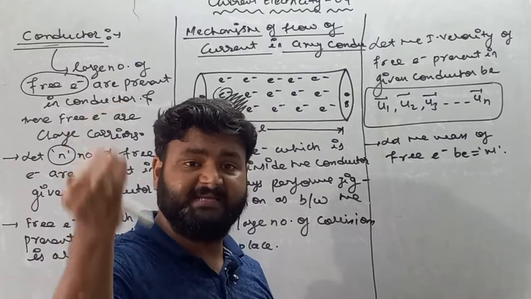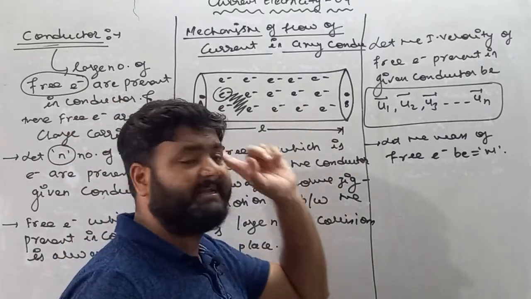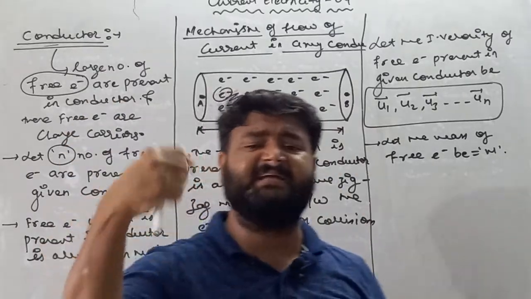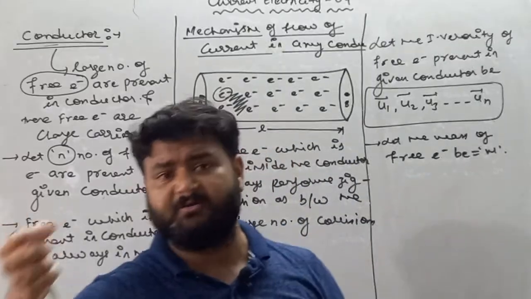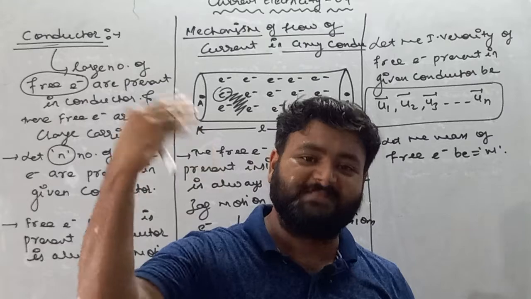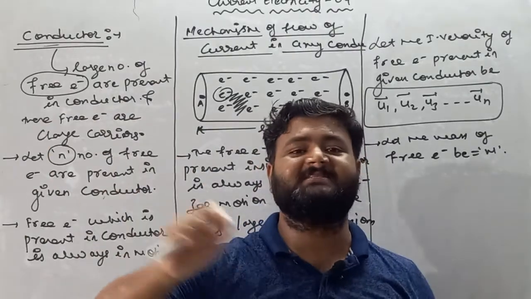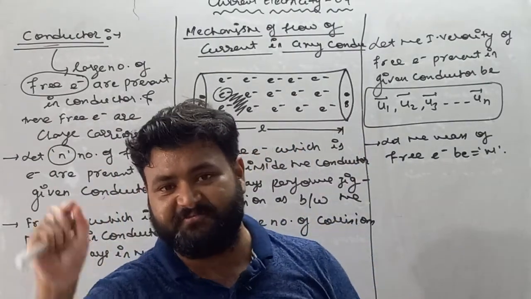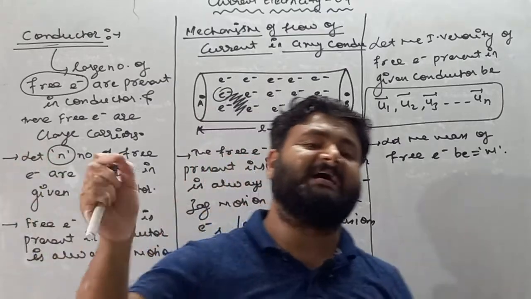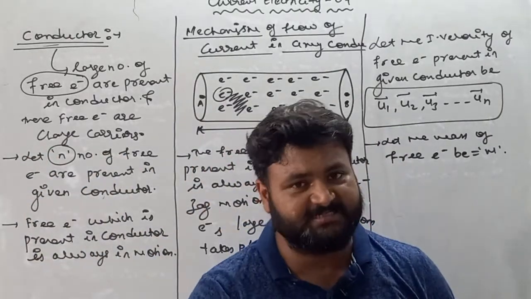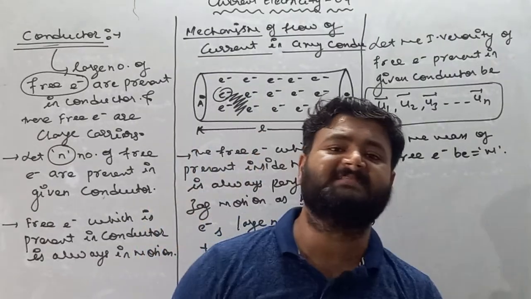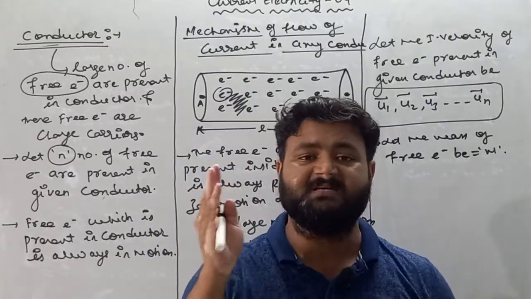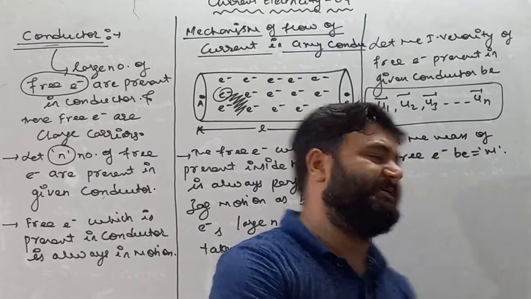That's why collisions can take place every second, every microsecond. Each electron collides with its neighboring electron, hence its velocity changes, and if velocity changes, then its direction of motion also changes. So we'll say the free electrons present inside the conductor perform zigzag motion.